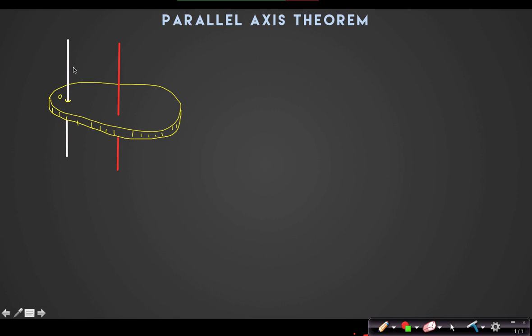The moment of inertia about this axis is IO, and about the other axis is IC. I have to find a relation between IO and IC, so that if I know IC, I can find IO. This is the parallel axis theorem.